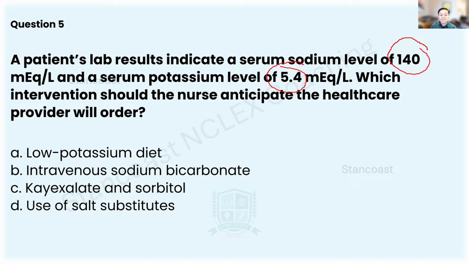C, Kayexalate and sorbitol? D, use of salt substitutes. Your patient's serum sodium level is 140 milliequivalents per liter and potassium of 5.4 milliequivalents per liter. So, which intervention should you anticipate the doctor will be ordering?